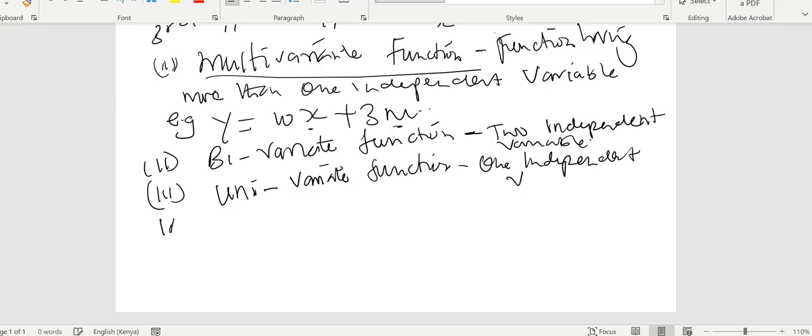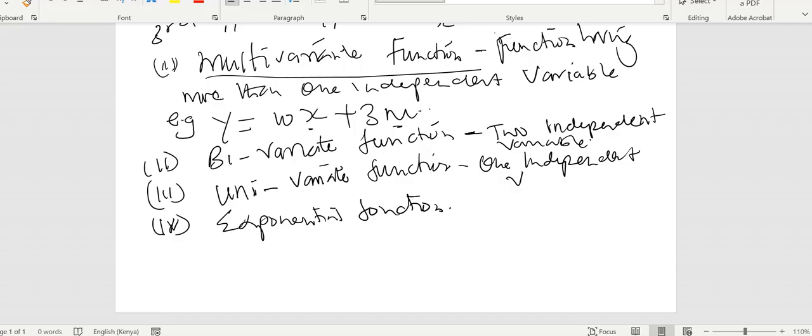Then the other one is what we call exponential. Exponential function is very, very important in QA. Last time when I was marking this paper, there was an exponential function on the preliminary questions for the exam.